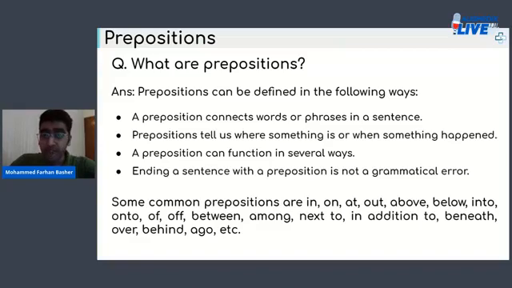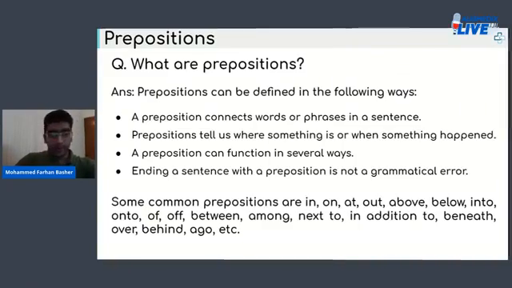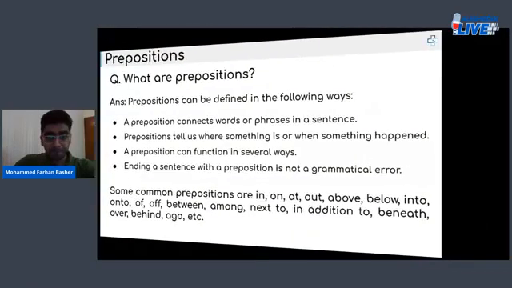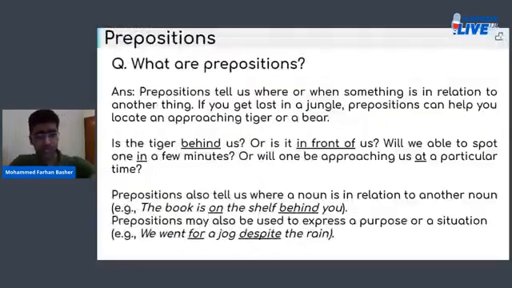Plus, a preposition can function in several ways. We will look into some of the ways today, inshallah. And finally, there is a myth that we cannot possibly end a sentence with a preposition, but that myth is just a myth and nothing more. So we can definitely end sentences with prepositions, and they're going to be fine. All right? Okay. Moving forward to the next slide, we'll further look into what prepositions are.